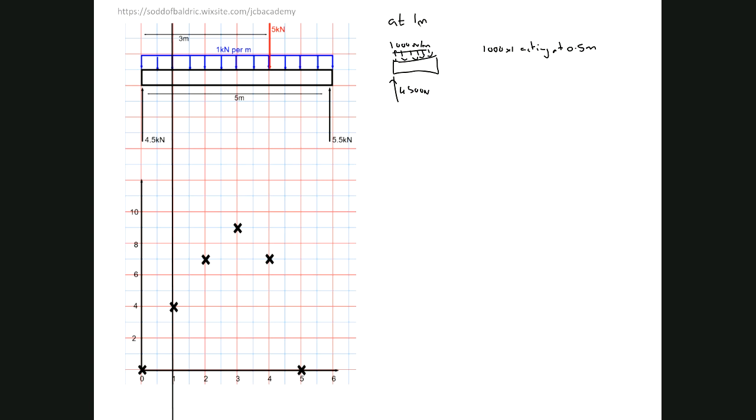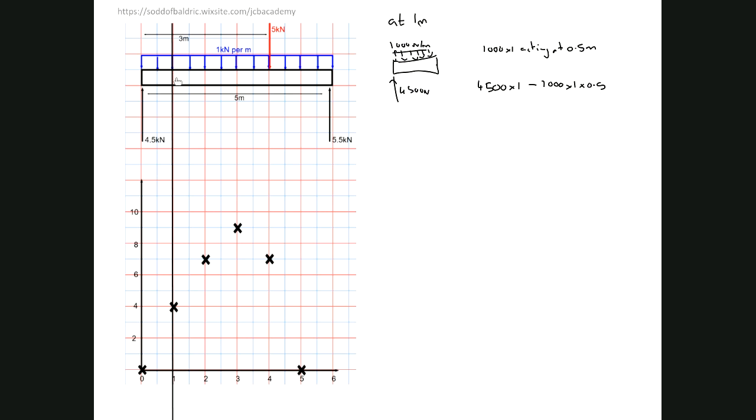So if I work out my bending moment from this point here, I've got 4,500 times 1 meter acting clockwise minus 1,000 times 1 meter, which is the size of my UDL, times 0.5 meters from this line, because it's in the middle, which is why I'm picking 1 meter steps.